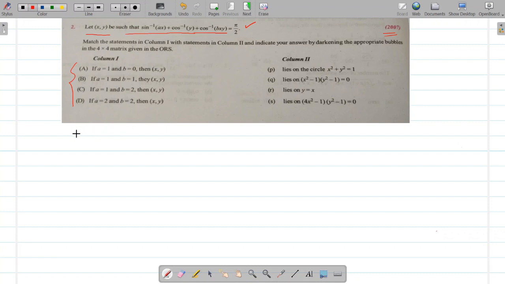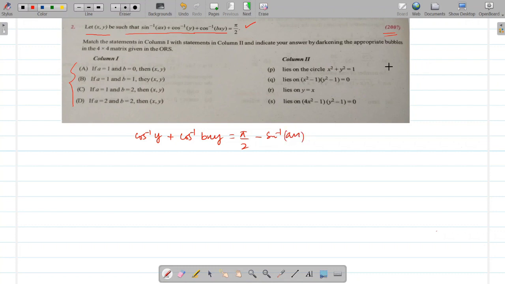So here it is given that sine inverse of ax plus cos inverse of y plus cos inverse of bxy is equal to pi by 2. I'll bring the sine inverse of ax to that side, and we can write it as minus sine inverse of ax.